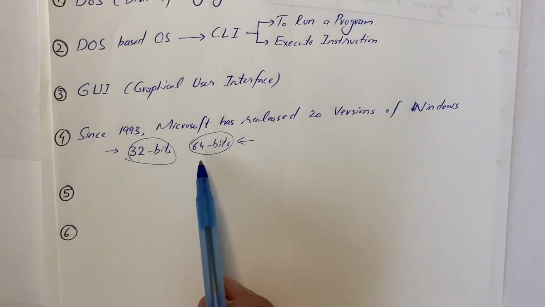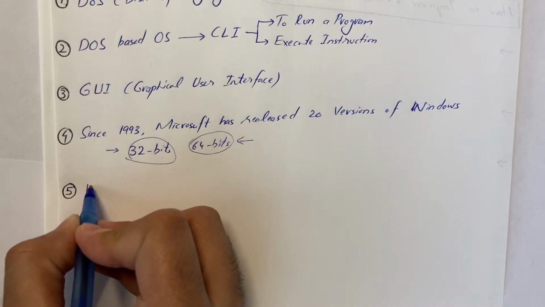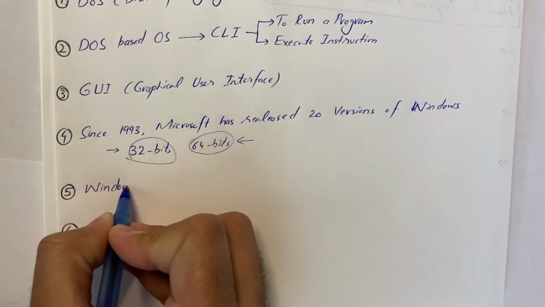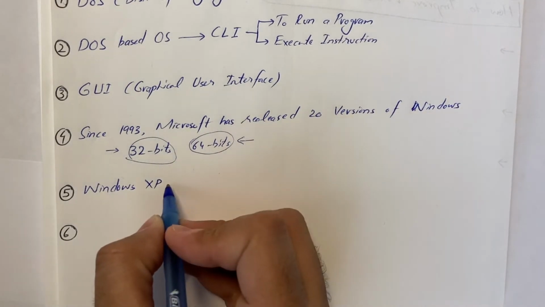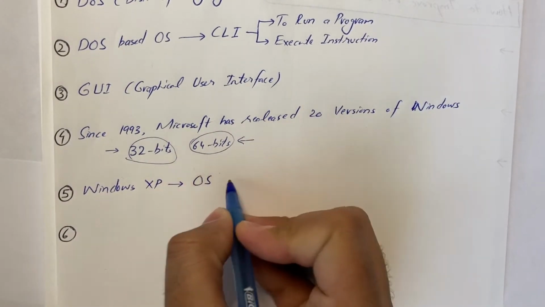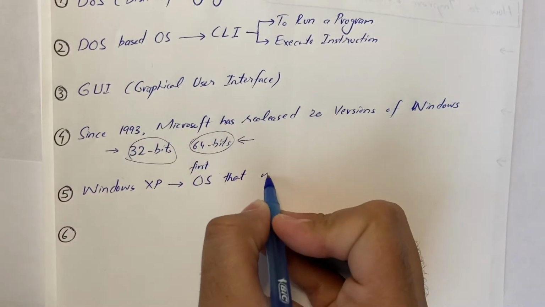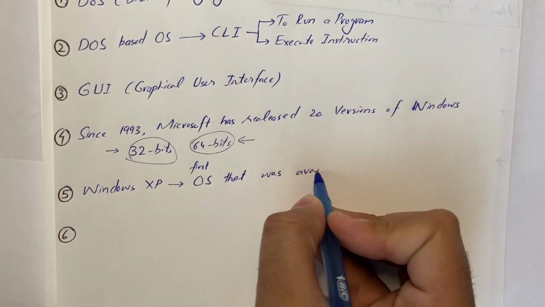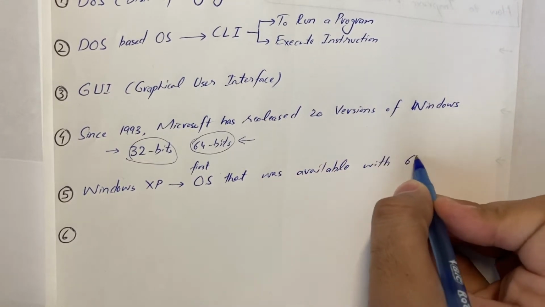If we talk about the first operating system which was available with 64-bit, it was Windows XP. So Windows XP, which was released in 2000, was basically the first operating system that was available with a 64-bit edition.